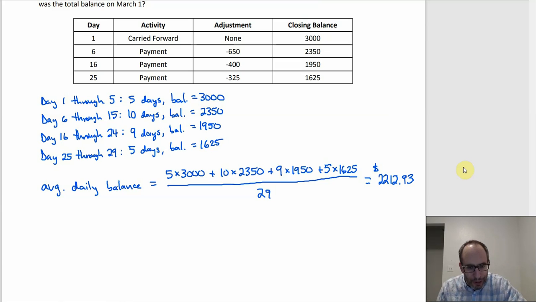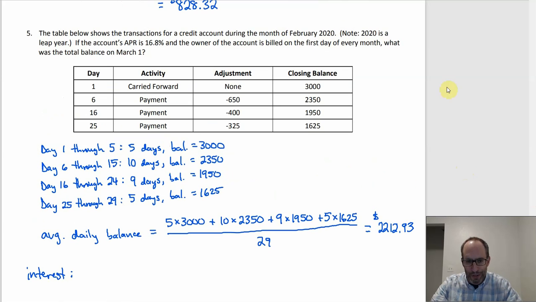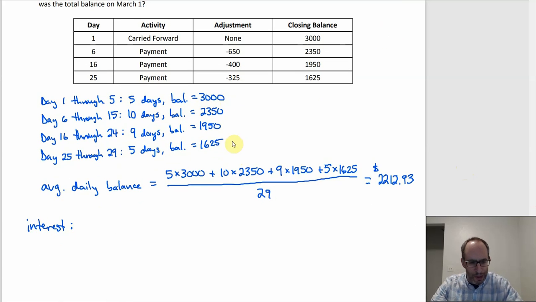So, all right, for the interest computation, I guess the first thing is that we need to convert the interest rate. And it said, if I scroll up for a second, 16.8% APR.